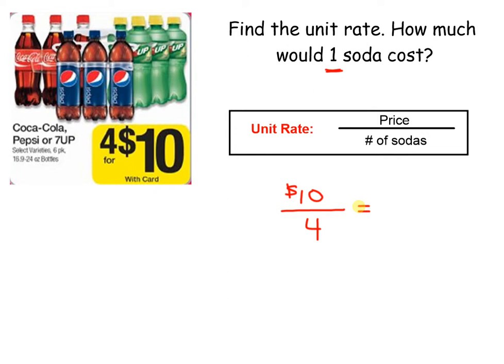Yes, you could simplify that as a fraction to 5 over 2, but you don't walk to the cash register and say, here, I have 5 over $2, okay? So we need to come up with a decimal. So 10 divided by 4, in your calculator, you should get 2.5. And remember, that's dollars. So that means that it's $2.50 for 1 soda.